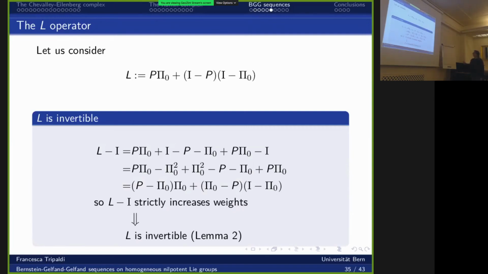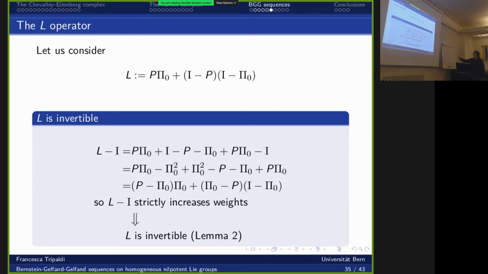Okay, so let's consider this operator, okay? Why am I considering this? It's a good question. This is invertible, and this is going to be useful later. So why is this invertible? Because if you do L minus I, this strictly increases the weights, and then you use the Neumann series, so it's invertible.